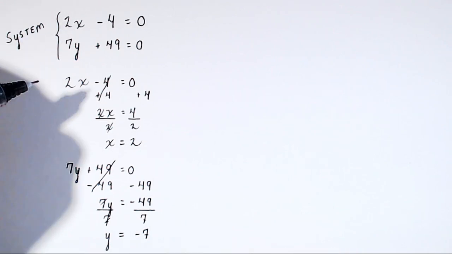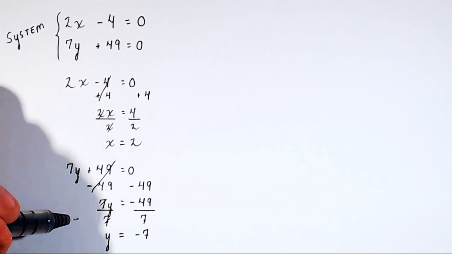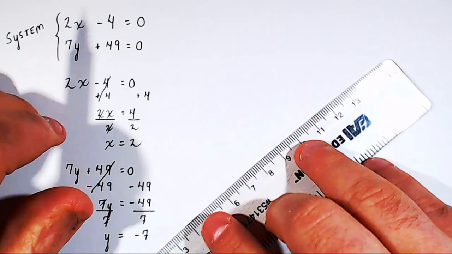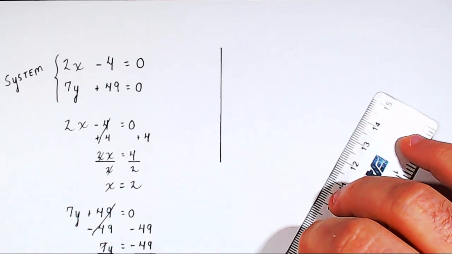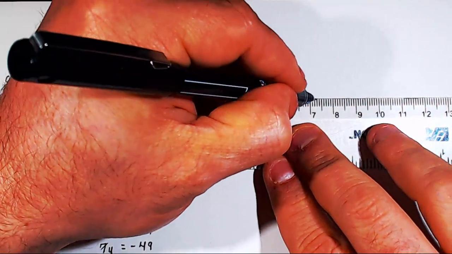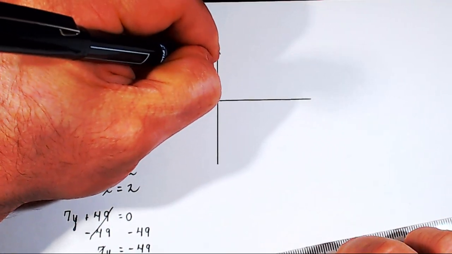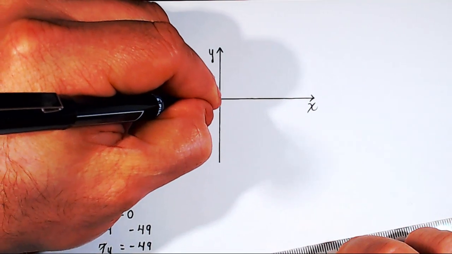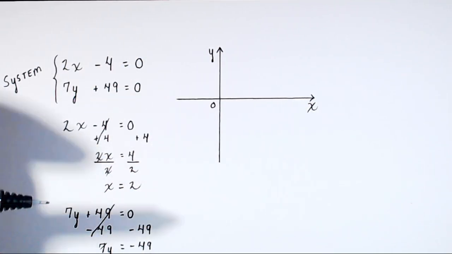This is an interesting problem, because we've actually solved for these two variables all by themselves, and if we were to graph them, we would see the intersection point. Right? So let's graph this. Now we can graph x equals 2 first if we want.